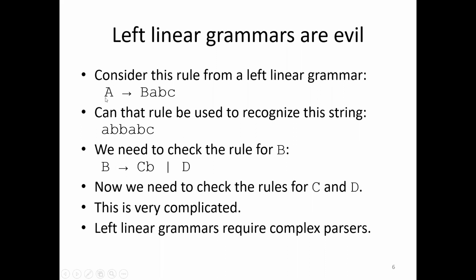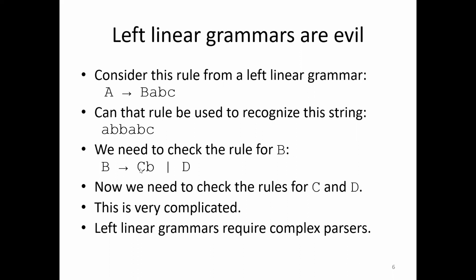And if we want to use this production rule to derive this string a, b, b, a, b, c, and B has these two production rules, C b or D, then to expand this B to get this string, you will need to expand B first. And when you expand B, either you can expand B to C b, or you can expand B to D.